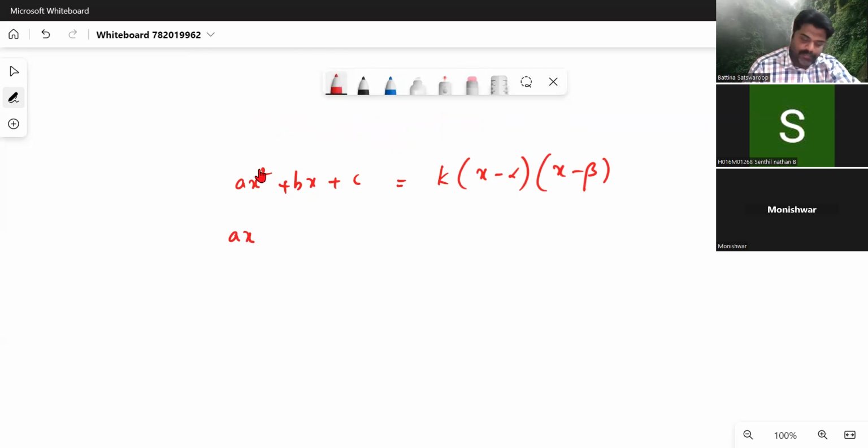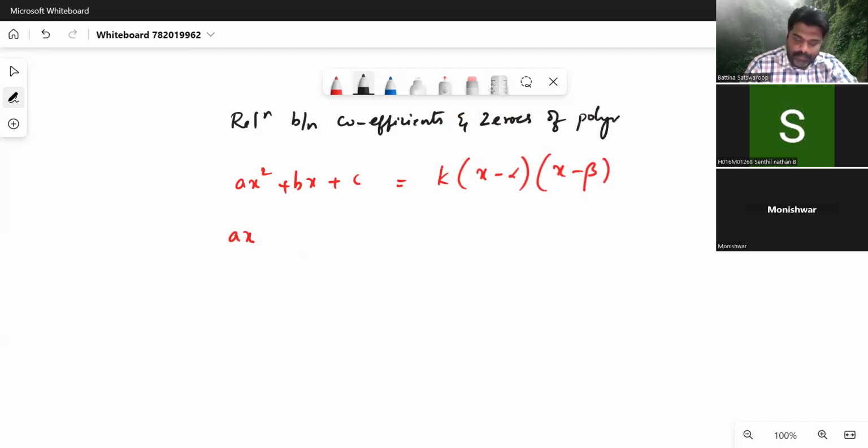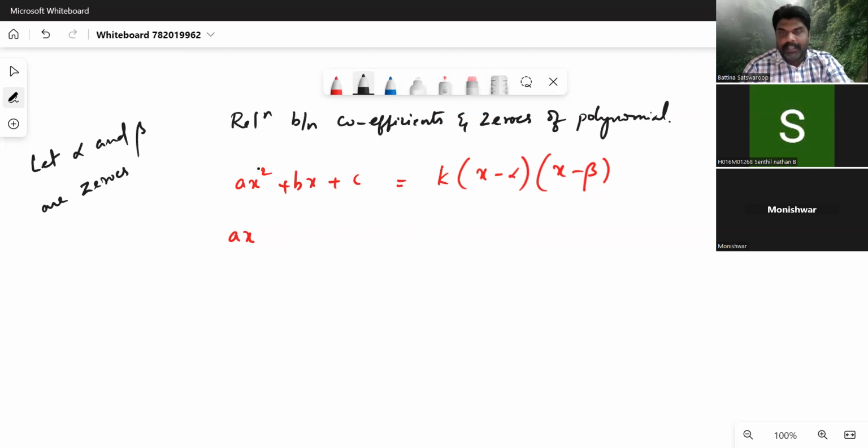A, B, C are coefficients. So I am basically trying to show you the relation between coefficients and zeros of polynomial. So let alpha and beta be your zeros.